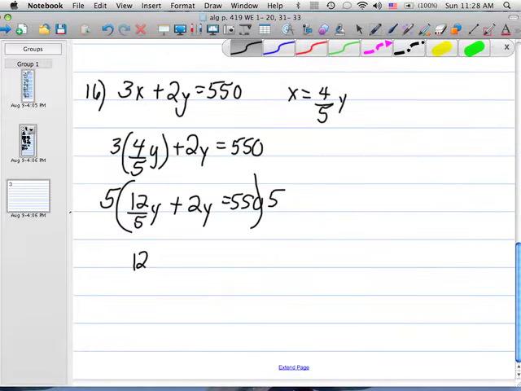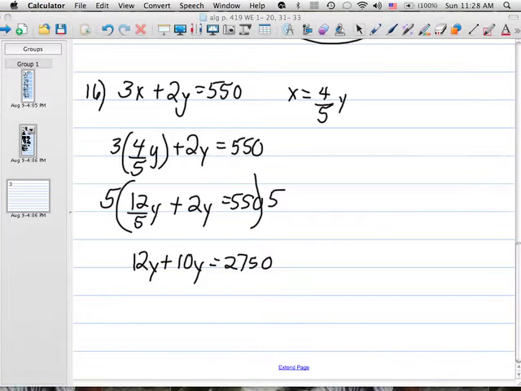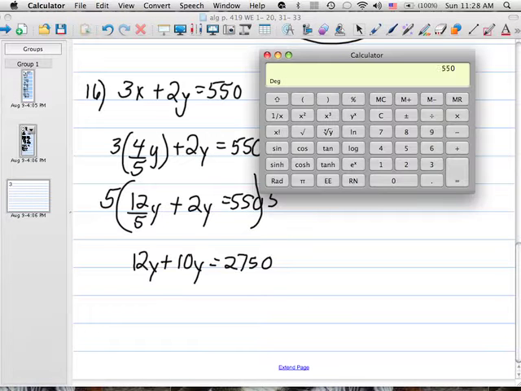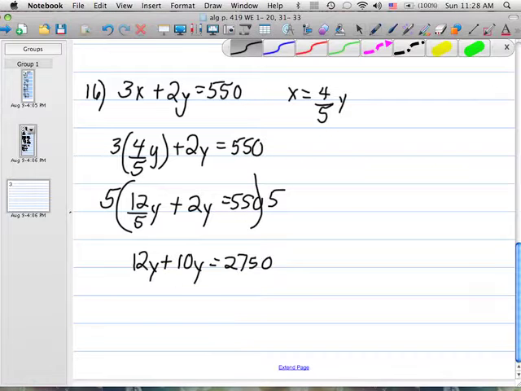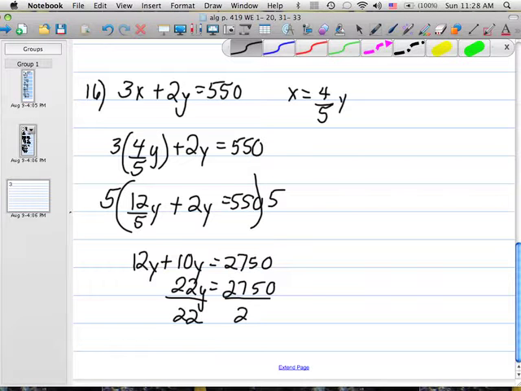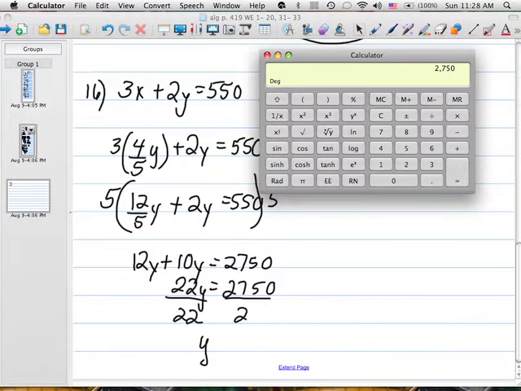So I have 12y plus 10y equals 2,750. Double check and make sure I did that right. And then that adds up to 22y equals 2,750. Divide by 22, and y equals 125.